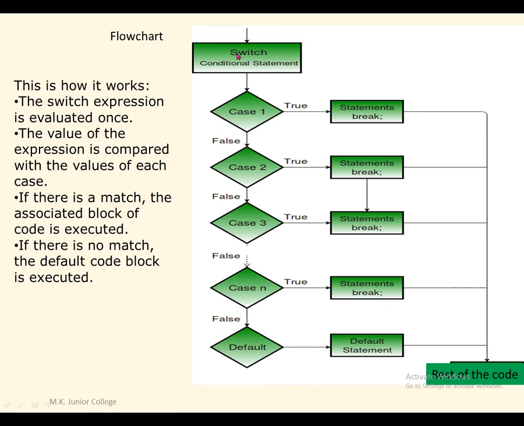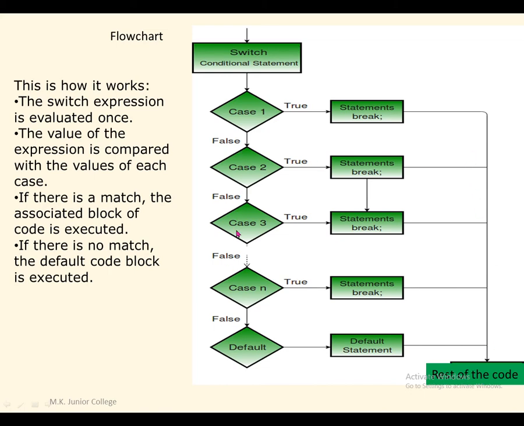Okay, now suppose my condition matches with the second case. It comes here directly. Skip this, it comes here. Now it has two parts. First is true. If it matches, it becomes true, and it goes here. It performs the statement, it breaks, and directly, see, after the break it goes out of the loop to the rest of the code.